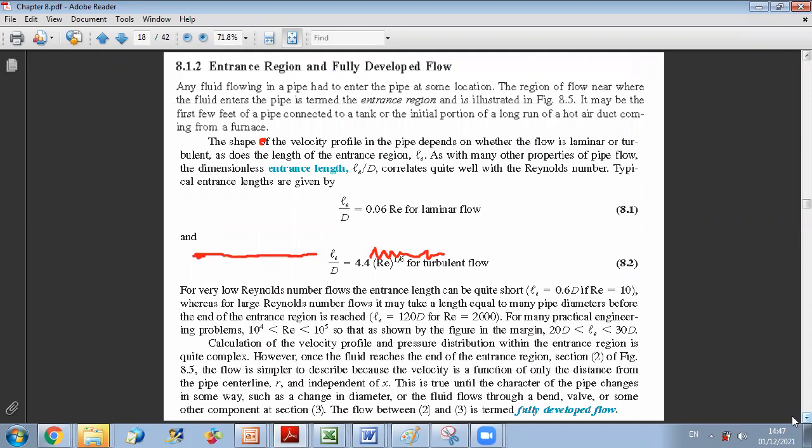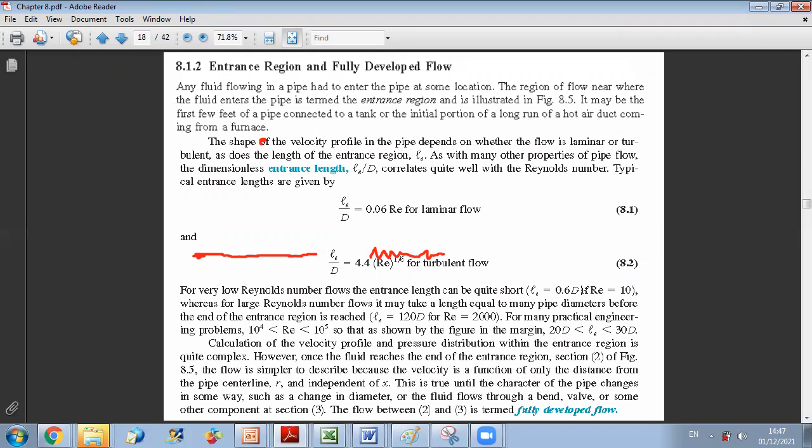This is why, to deal with this, we define from experiments for which Reynolds numbers we have laminar flow, and for which Reynolds numbers we have turbulent.